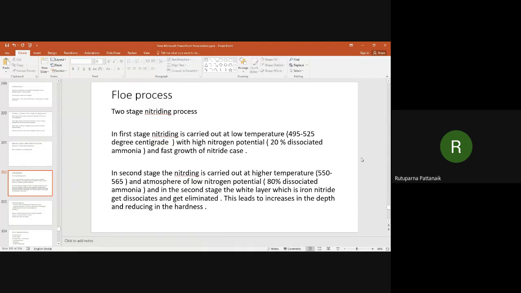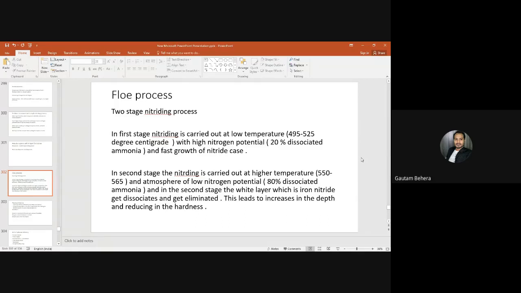See, if more dissociation will be happening, that means more nitrogen and hydrogen will come out. But the point is what? Hydrogen is also there. If only nitrogen will be there, then that is fine. But here two gases are there. So we don't want more dissociation to happen. If more dissociation will be happening, more hydrogen gas will also be coming out. Nascent hydrogen will be available.